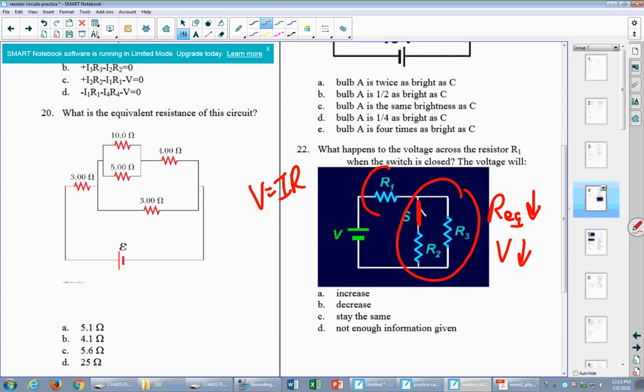And that means that the voltage over here has to go up. If this is V1 and this is V2, then V1 plus V2 has to equal V, and V stays constant. So if V2 goes down, then V1 has to go up to still add up to the overall voltage. So in these, you want to ask yourself, what happens to my resistance when I add or take away these resistors? Let's look at some others.